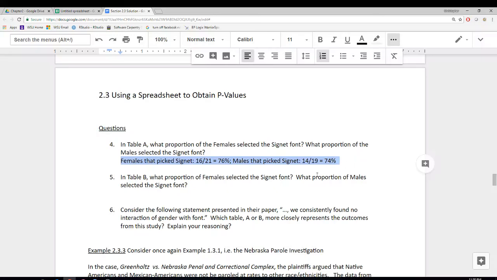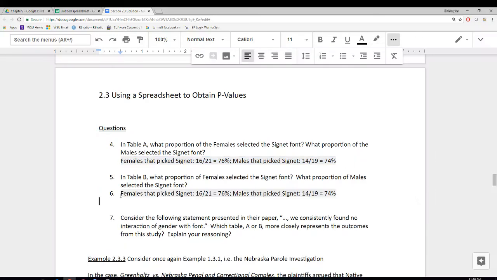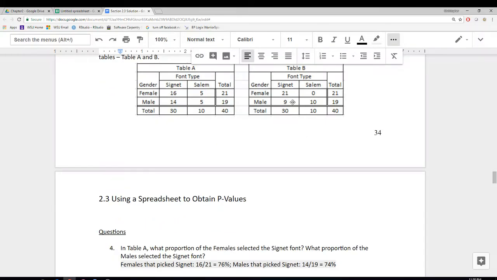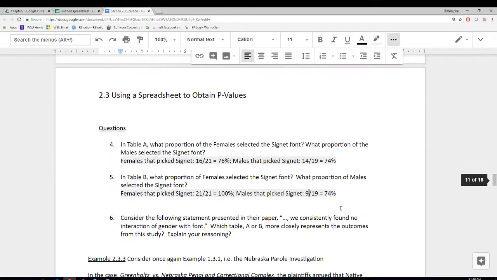And 9 out of 19 is going to be less than half. Using my calculator here, 47% for that one.